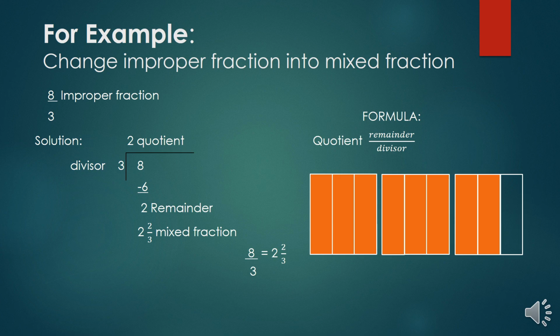Now 8 minus 6 equals 2, which is the remainder. Mathematically, the representation is 2 2/3, where 2 is the whole number and 2/3 is a proper fraction. According to the definition, a combination of a whole number and a proper fraction is called a mixed fraction.